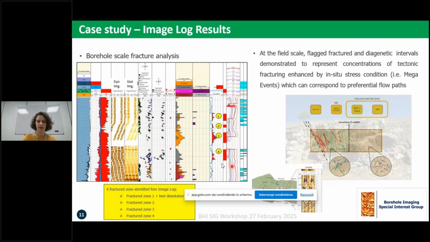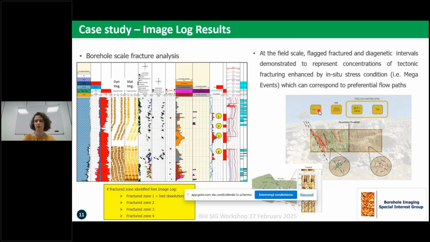Considering the main reservoir part, we identified 4 fractured zones, and in particular we were interested in determining these mega events in red, which were important to determine their contribution to the production, for example.